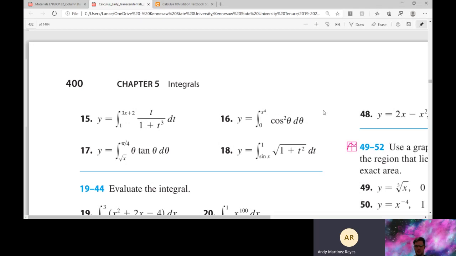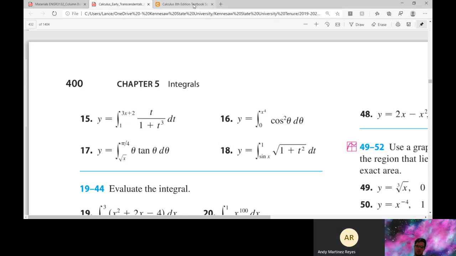16. You need an identity for this one. An identity. So I can't just put cosine squared x to the 4th? Actually, yeah, that would work, I'm pretty sure. Because, well, no, you can't integrate that as is.